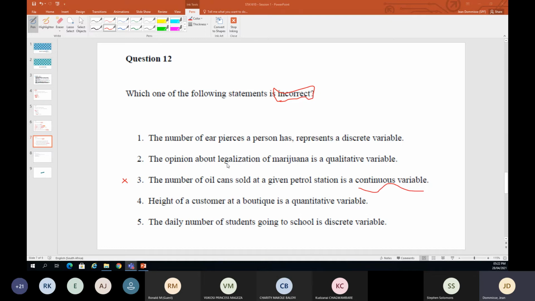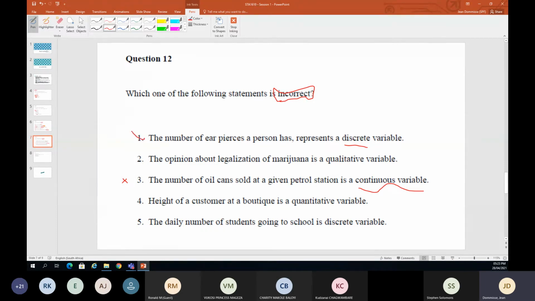So let's look at all the others just to make 100% sure why we also say they are correct. If the number of oil cans was discrete, then it would have been correct. The number of earpieces a person has represents a discrete variable. Again, it is very unlikely that you can have a half earpiece in your ear and still hear, so you need to have a full earpiece.